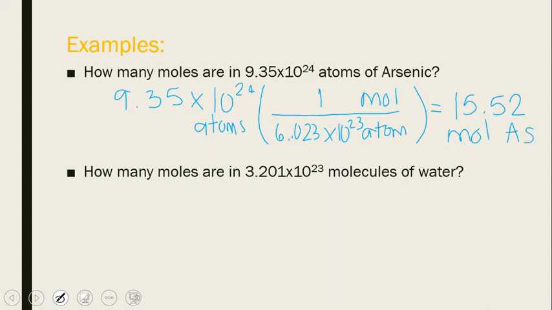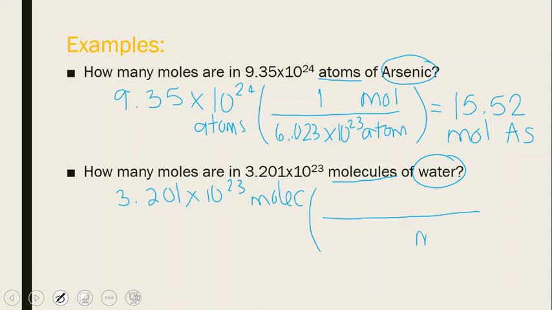The second example is the same. Remember, atoms because I have an element, in this case molecules because I have a compound, but the procedure is the same. My data, the 23rd molecules.